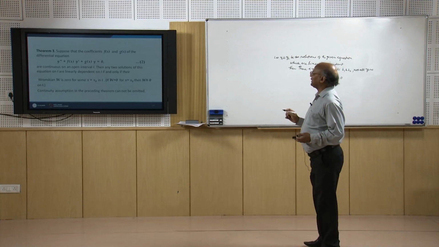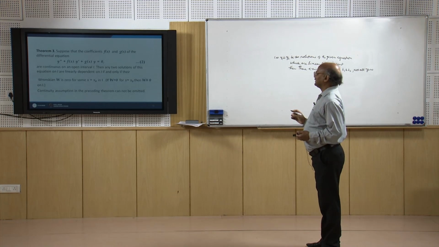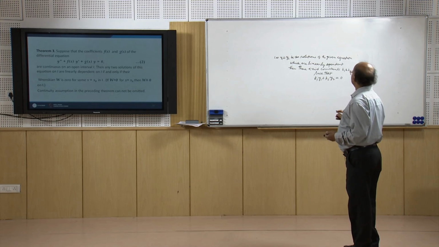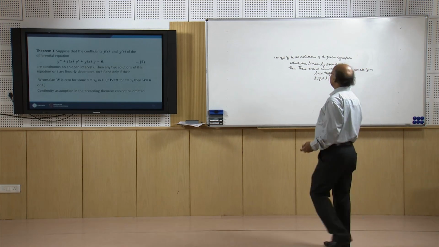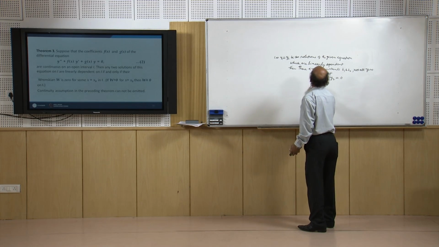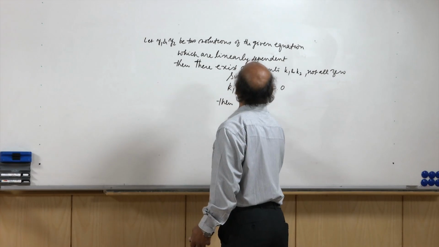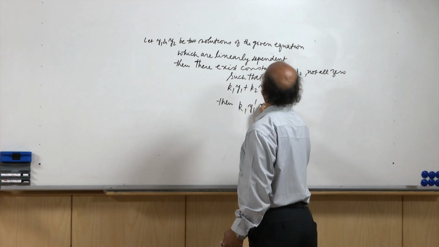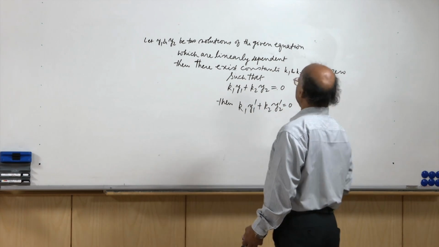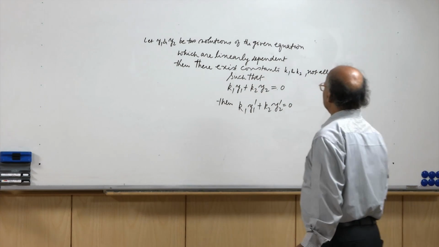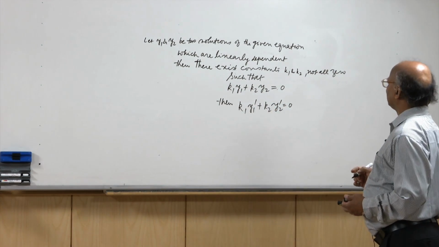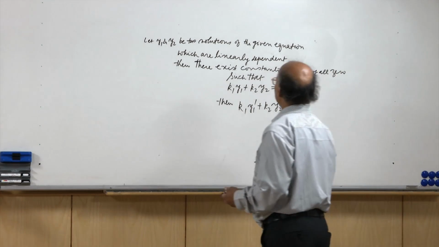We have to prove that the Wronskian of the functions y1 and y2 is equal to 0 for some x equal to x naught in I. Differentiating this equation with respect to x, we have K1 y1 dash plus K2 y2 dash is equal to 0.